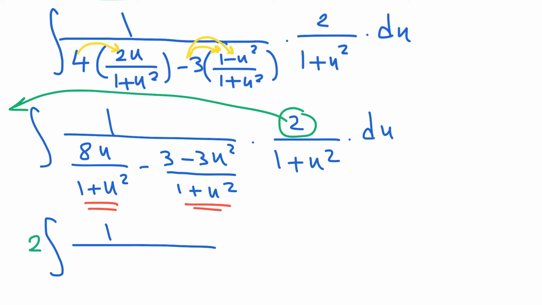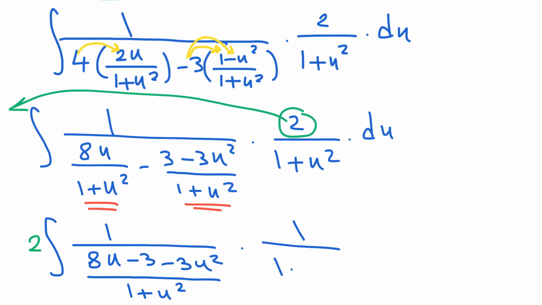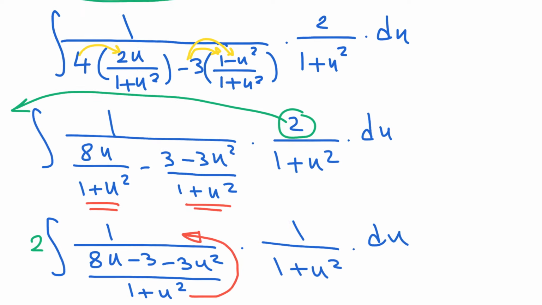So it will be 1 over 8u minus 3 minus 3u squared, all over 1 plus u to the power of 2, times 1 over 1 plus u squared du. Also I will multiply 1 plus u squared up.